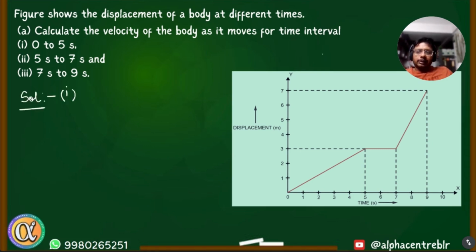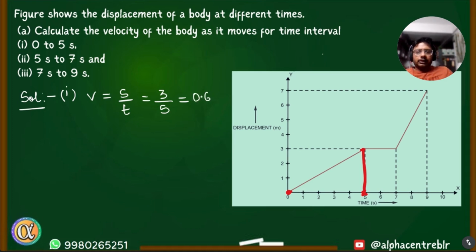It is given by the formula displacement over time. So in 0 to 5 second, if you observe the graph carefully, it travels 3 meters. So velocity is 3 upon time 5 seconds, which is 0.6 meters per second. Clear?